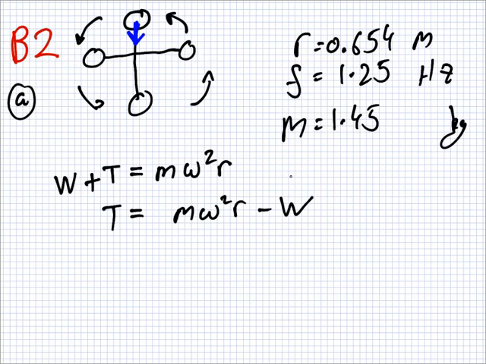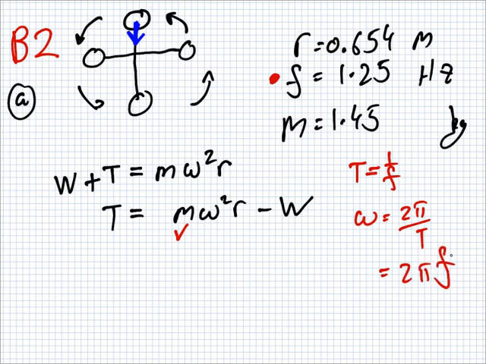Now, do we know the m? We do. Do we know the omega? We can get it using this f here, because what does T equal? 1 over f. And what does omega equal? 2 pi over T. But T is 1 over f, so omega is actually just 2 pi f. So we know the m, we know the omega, we know the r, and what's the formula for weight? mg.